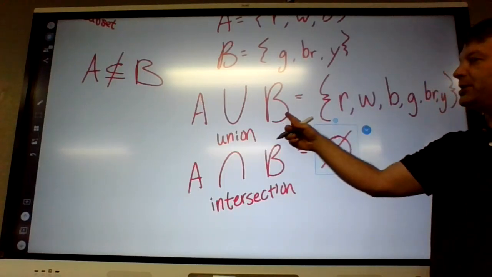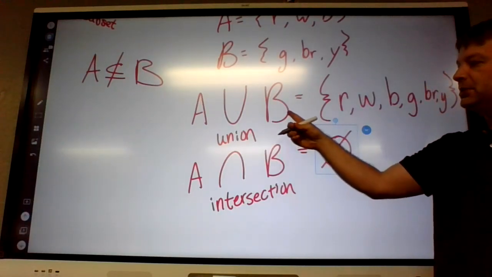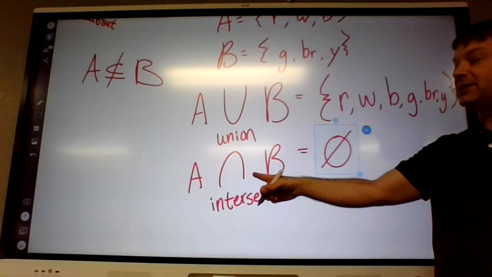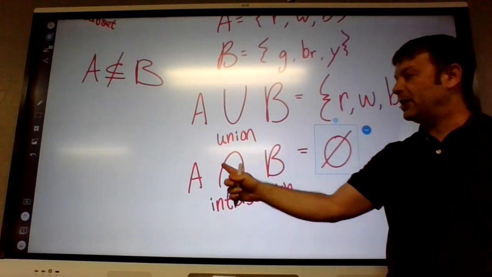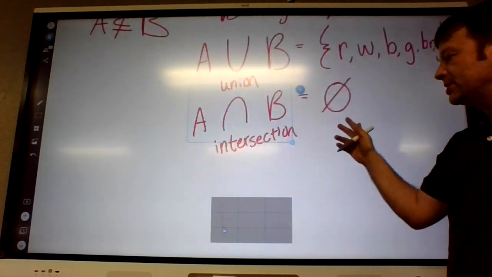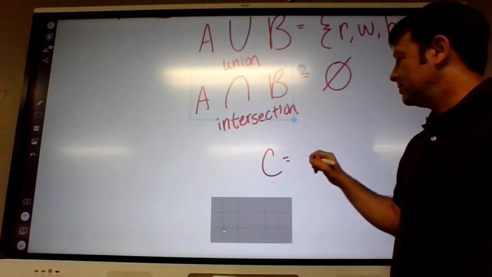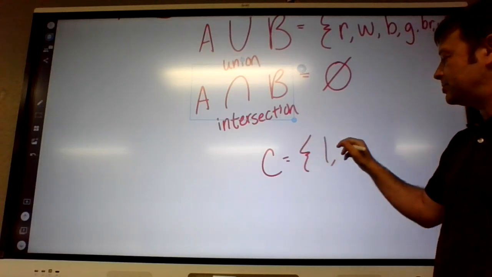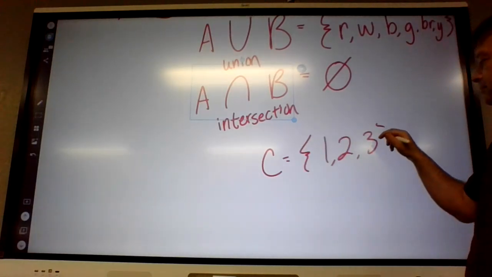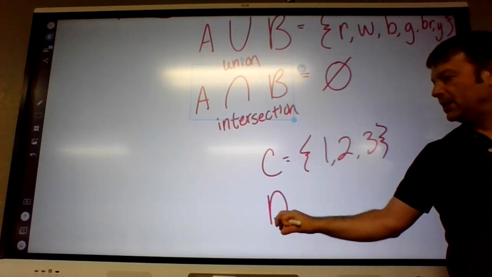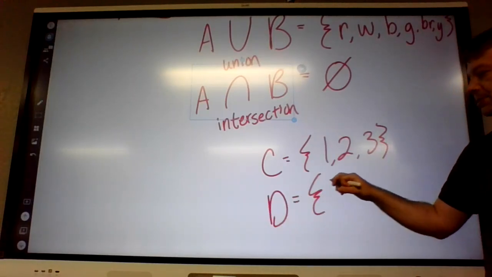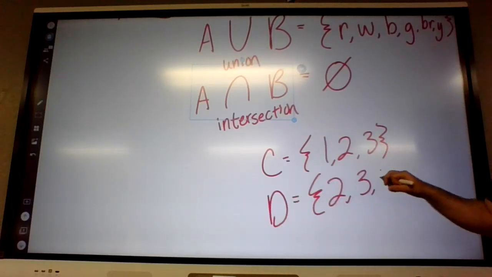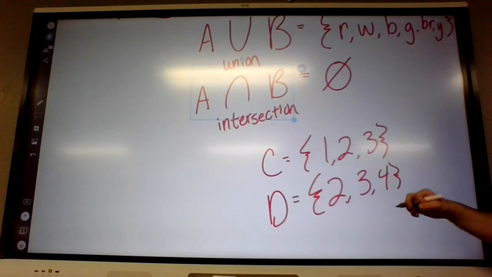Okay, union invites everyone. Intersection is exclusive. Only the elements that exist in both. So if I had C is 1, 2, 3, and set D is 2, 3, 4, what would be the intersection of those two?